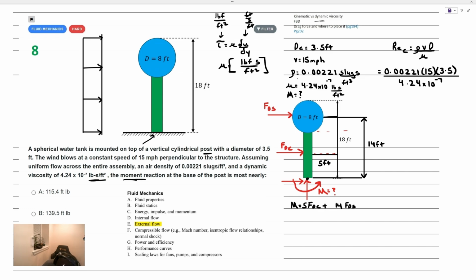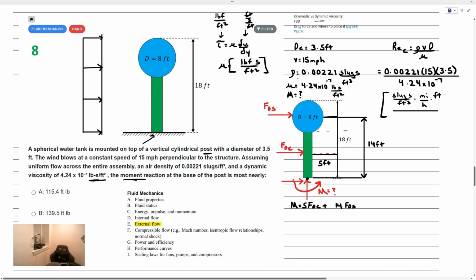Let's go ahead and work out these units, because we need to make sure there's no g sub c, no hidden conversion factors in here. We have the density measured in slugs per cubic foot, the speed measured in miles per hour, the diameter measured in feet, and lastly the viscosity, which is pound force second per foot squared.